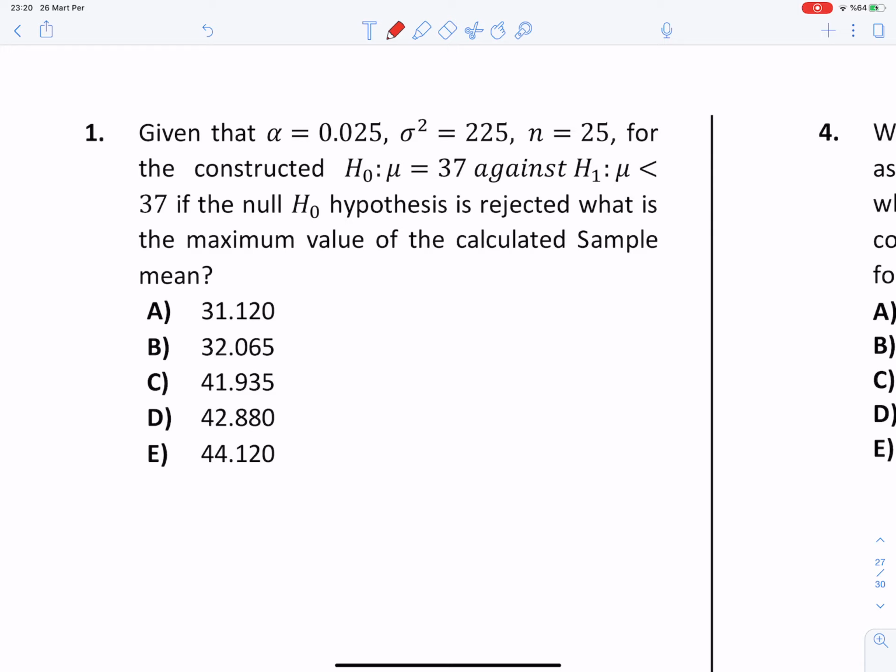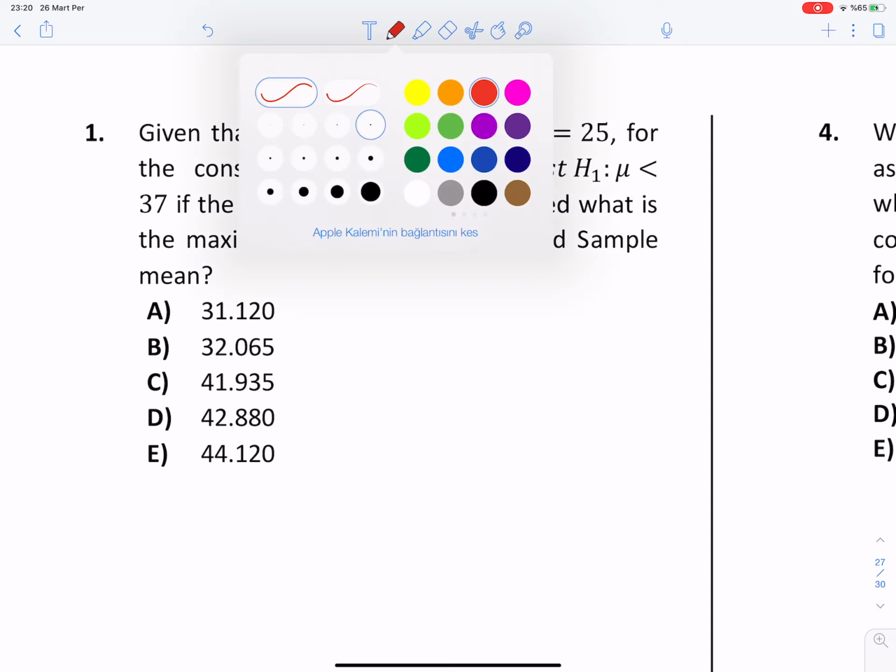Clearly this is a left-sided hypothesis, and since the population variance sigma square is given, you will know that the test statistic you're going to use for this exercise is the standard normal distribution statistic. We call it Z calculated.